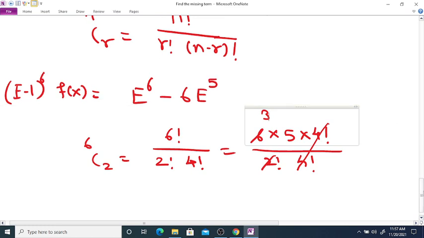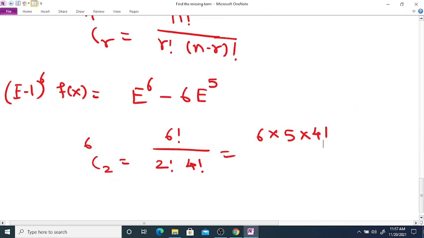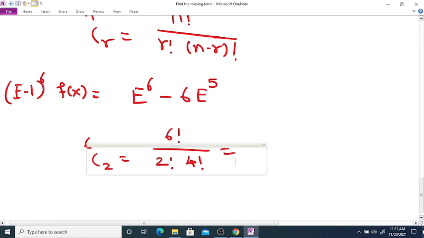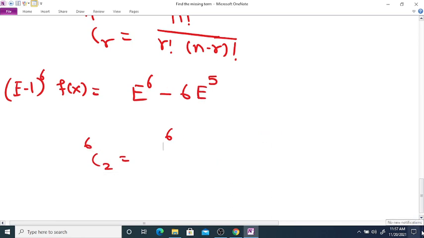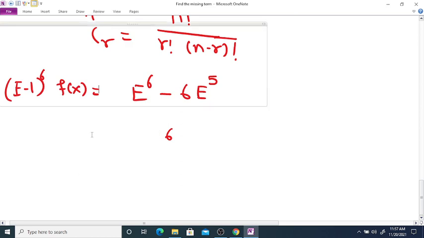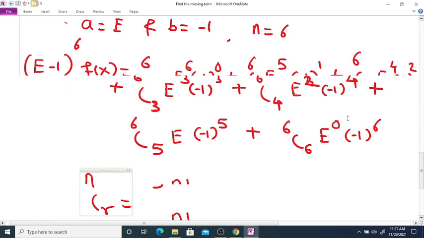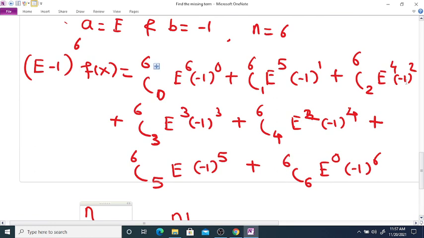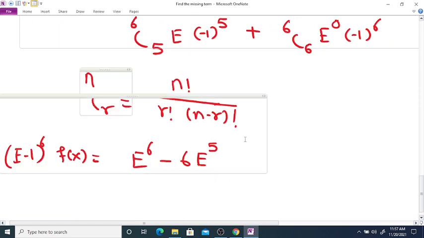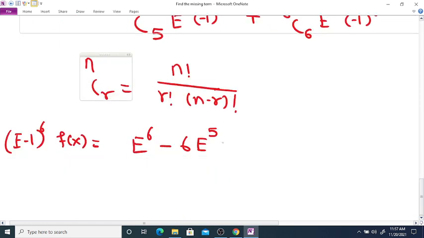So 6C2 is equal to 15. And e^4 (−1)^2, here you can see (−1)^2 is 1, so it is plus 15 e^4.